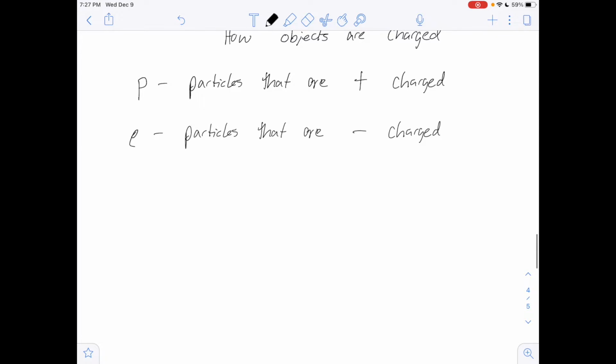Okay, so here's what that means. If we have a regular object, and let's just pretend that this is a balloon. So a balloon is made up of atoms. And what that means is if it's made up of atoms, it already has protons and electrons all over this balloon, right? Spread out through the entire material, because it's completely made up of protons and electrons.